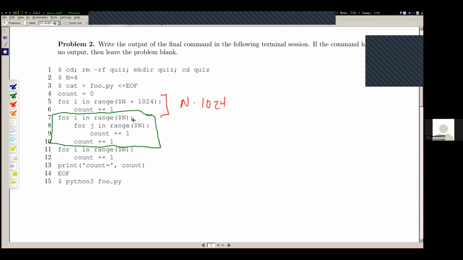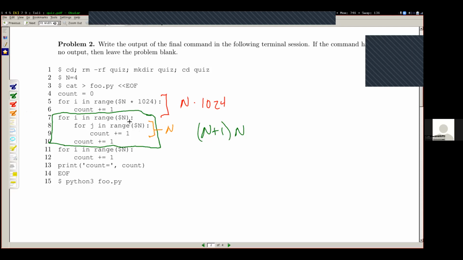That green box right here, the inner part, this part right here, that'll happen n times. And then this part right here will happen 1. We'll have n plus 1 inside of this outer for loop. In green, n plus 1 times n.